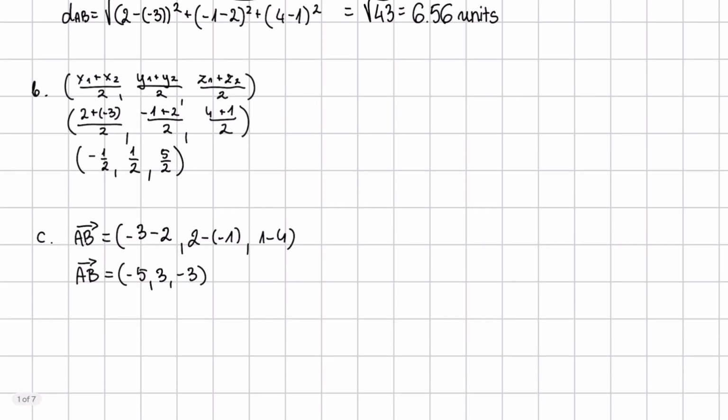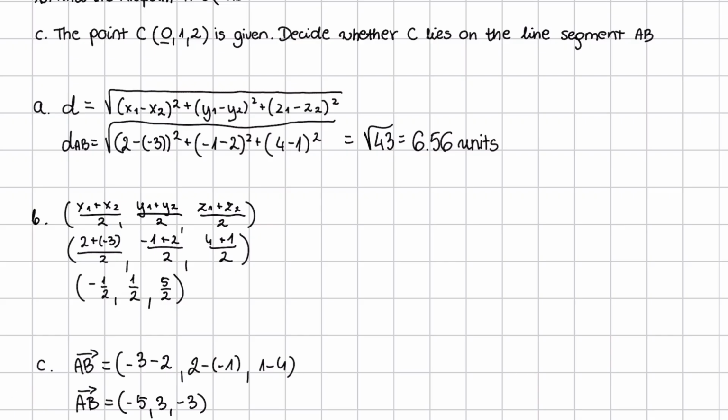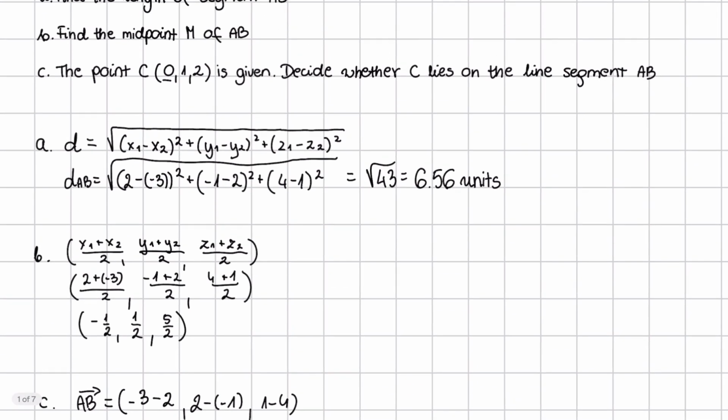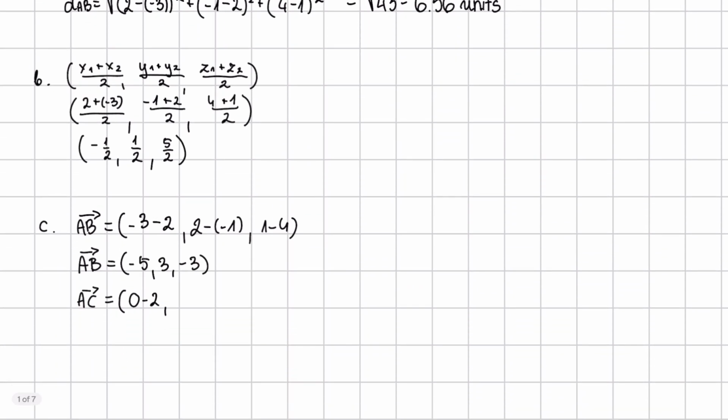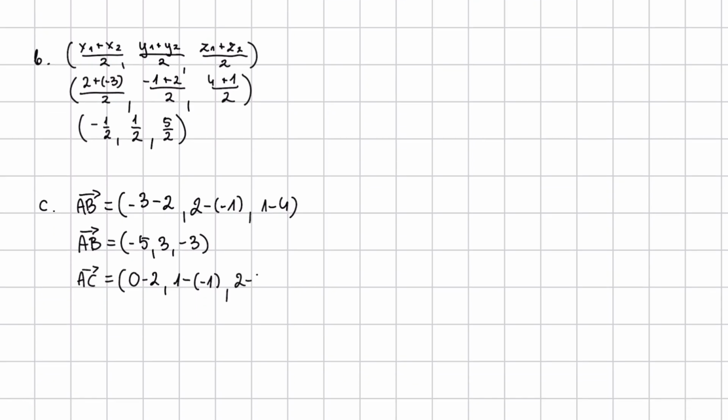And now we have to calculate our vector AC, for C in the same way basically. So C has first coordinate 0, so 0 minus 2, then 1 minus 1, and then 2 minus 4. So the coordinates of this vector are -2, 0, and -2.